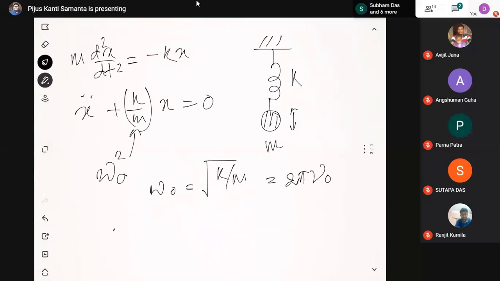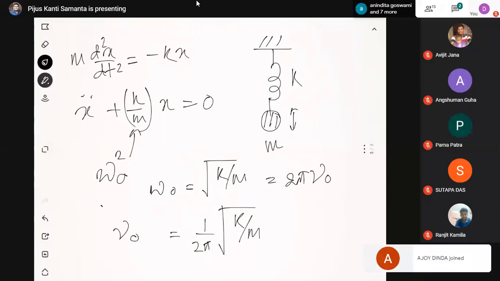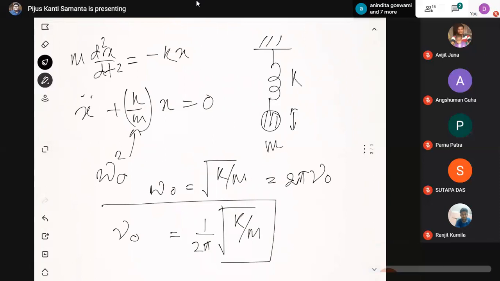So the frequency nu 0 we write as 1 over 2 pi root k over m. So this is actually the frequency of a simple one-dimensional simple harmonic oscillator, where a mass oscillates attached to a spring whose one end is fixed to some base, right?